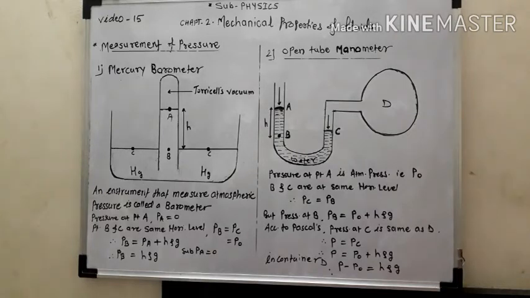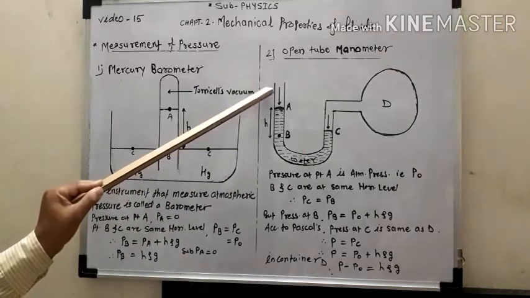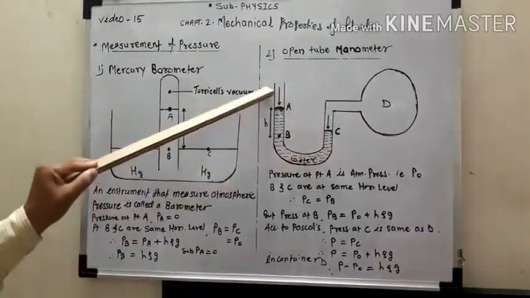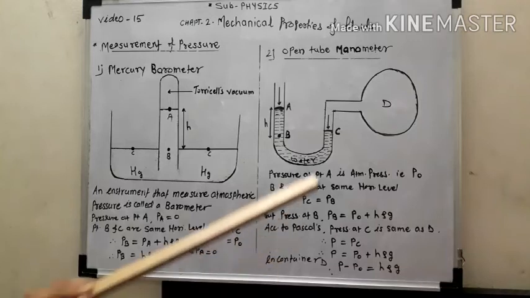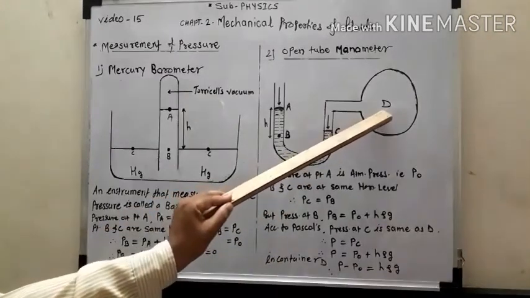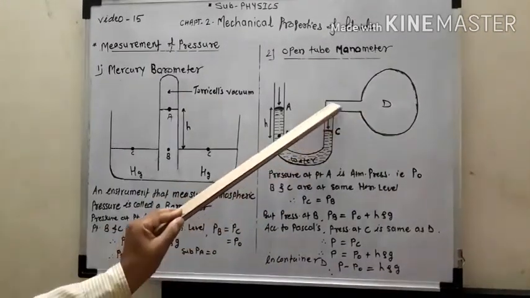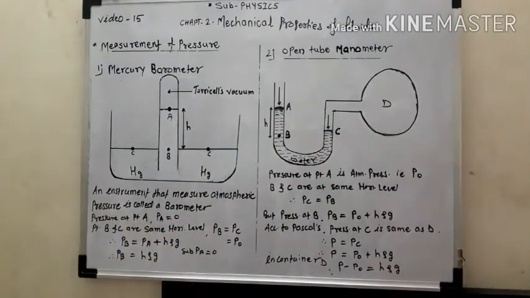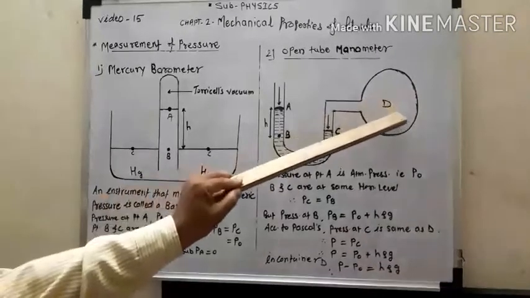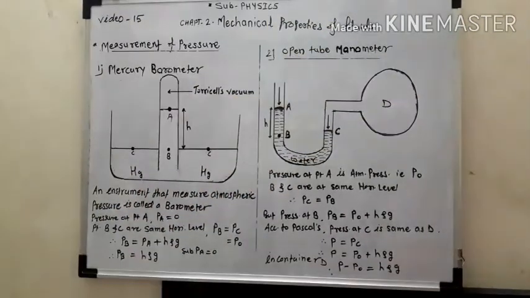One arm of the manometer is open, and the other end is connected to the container D, in which the pressure P is to be measured.